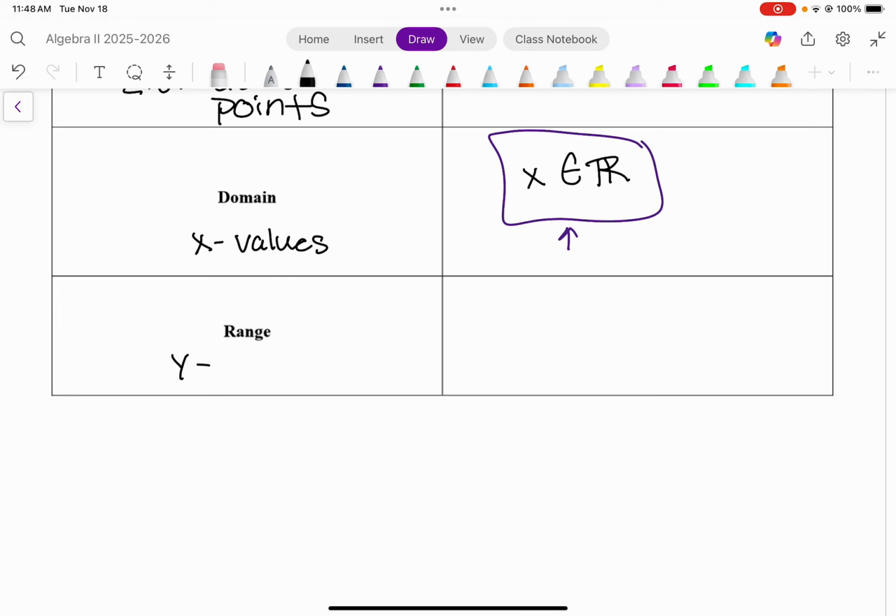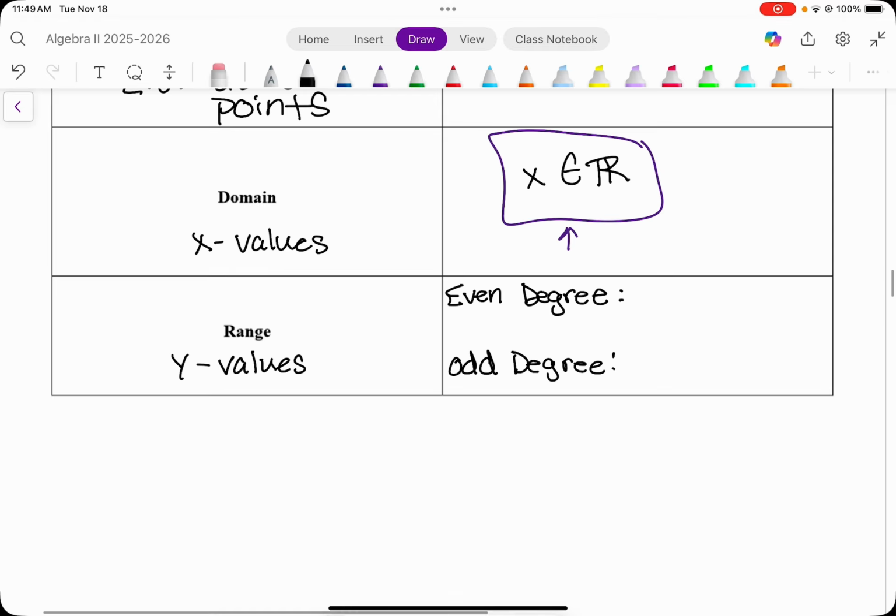For your range, that is your y values. When we are writing our range, if you have an even degree or an odd degree, that's going to kind of affect how you write your answer. So if we have an odd degree, we know that because of our end behaviors, one side of our graph is going up and one side of our graph is going down.